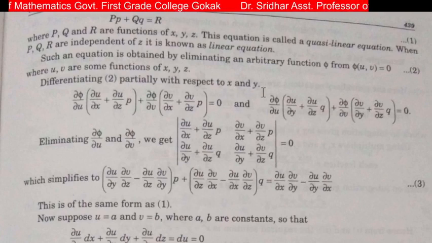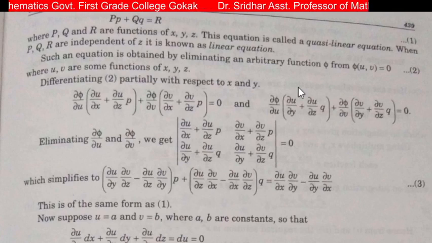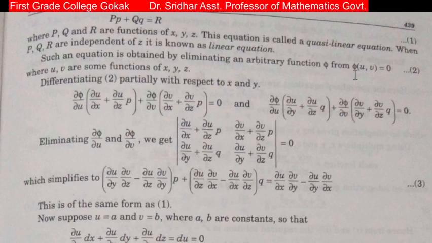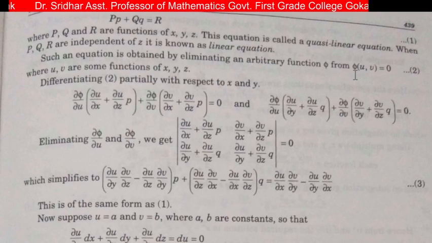Phi is a function of u and v, and u and v are functions of x and y. So we have to differentiate by using the total derivative formula.